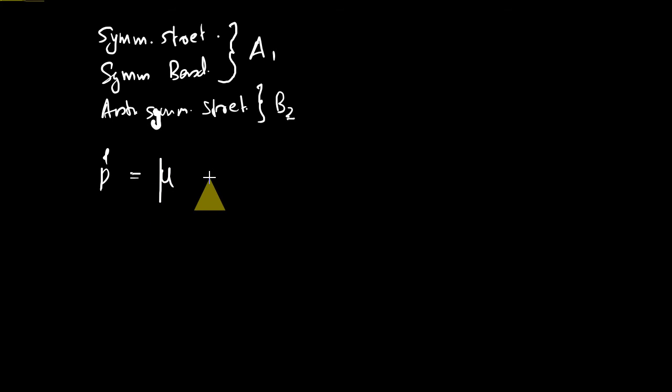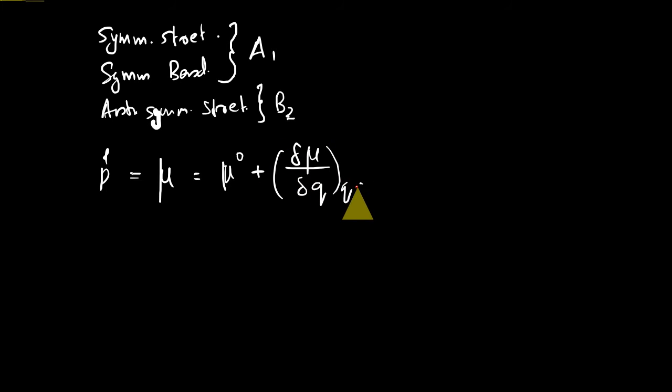Because the dipole moment change of the molecule is the deciding factor in our case. And the dipole moment mu is equal to mu zero plus dou mu by dou q at q equal to 0, multiplied by q. I will explain the terms here.